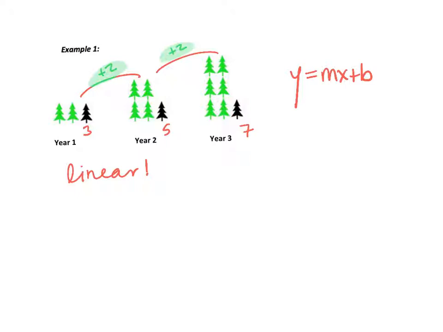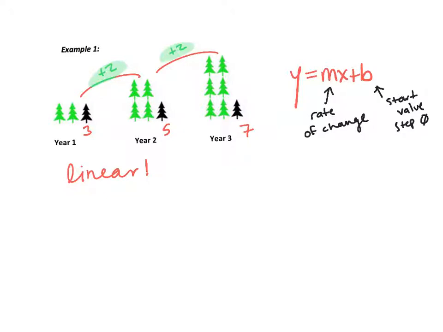Go. I'm going to assume that you have told your neighbor that the m stands for the rate of change or the slope, and that the b stands for the start value, which is, in fact, step 0.